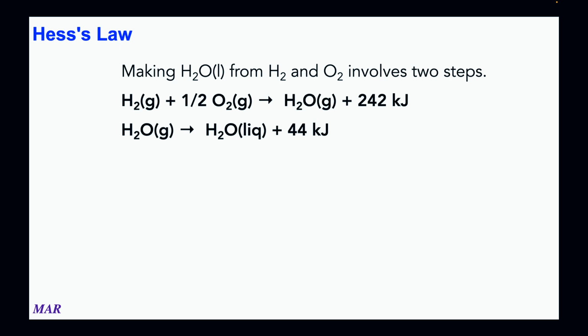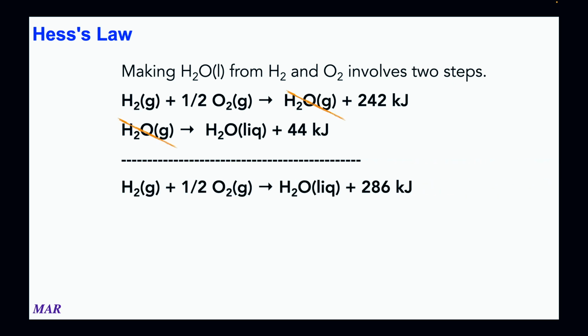Well, notice in these two reactions, water as a gas is a product in the first reaction, and water as a gas is a reactant in the second reaction. So if you add those two reactions together, H2O gas will cancel out, because if something's on both sides, you can subtract it from both sides and it makes it go away. You end up with H2 plus 1/2 oxygen making liquid water, and the overall energy will be 242 plus 44, 286 kilojoules.